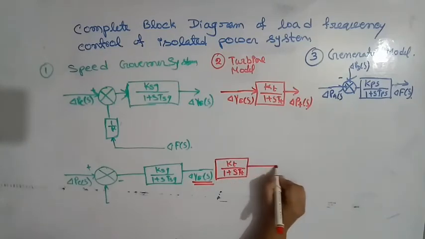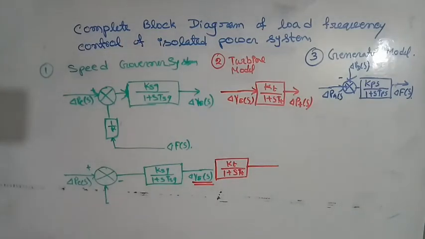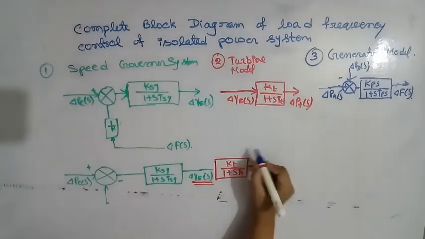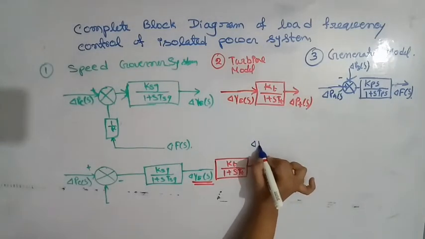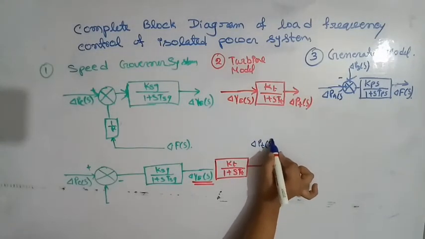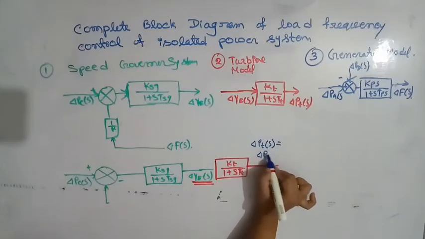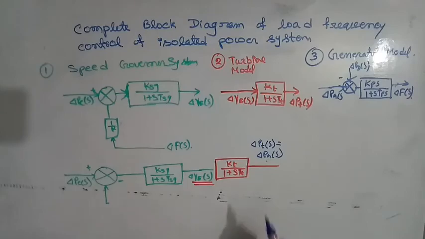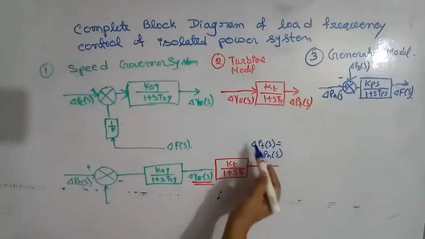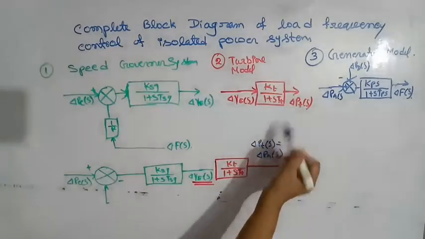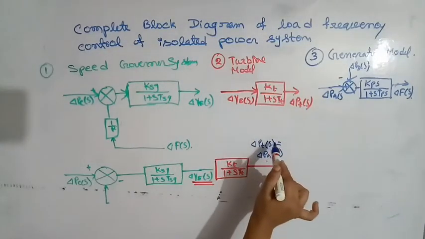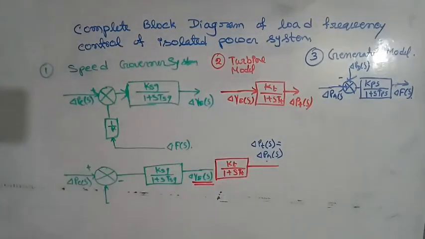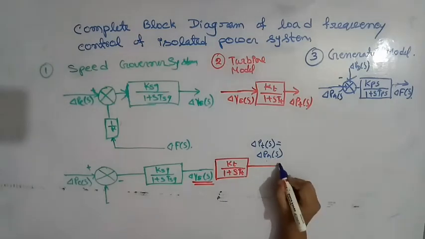Next, we assume that delta PTS is equal to delta PGS. So delta PGS is the input of the generator model and delta PTS is the output of the turbine model, and if we neglect the losses, delta PTS is equal to delta PGS. So now we draw the generator model.